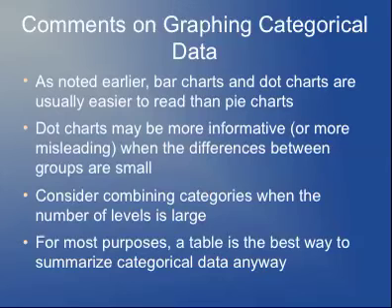And if there's a large number of different categories, you may want to combine them to make these graphs easier to read. For example, I'm trying to think of one, say like state where a person was born or nation.